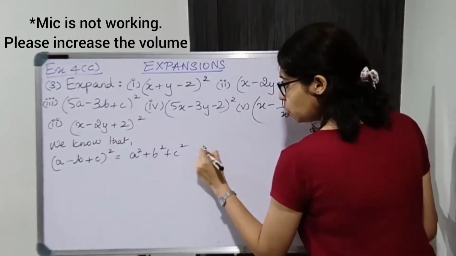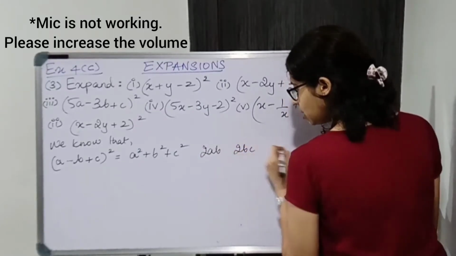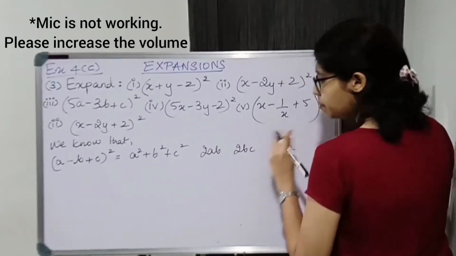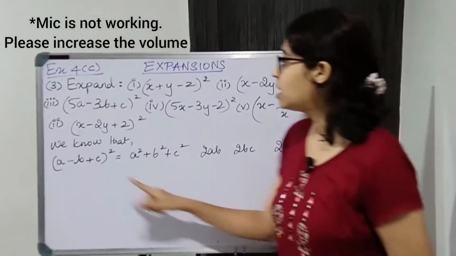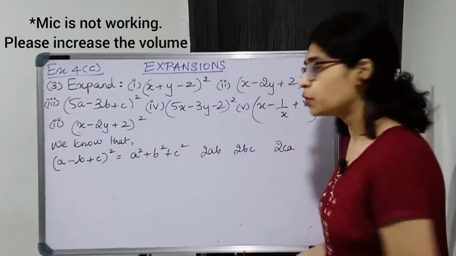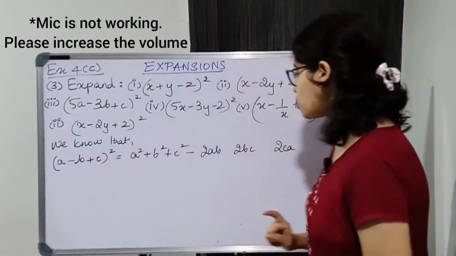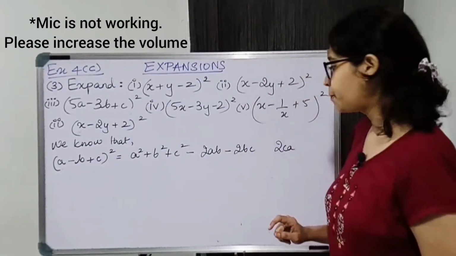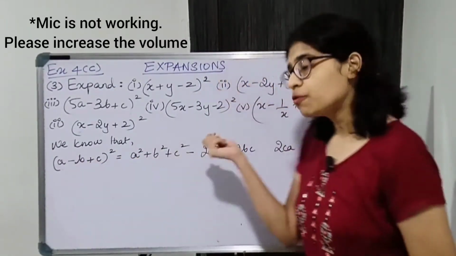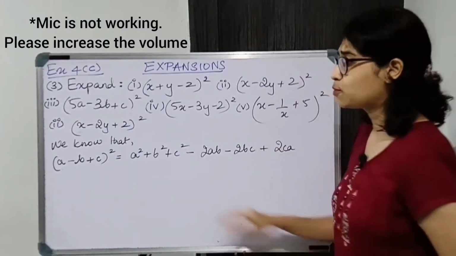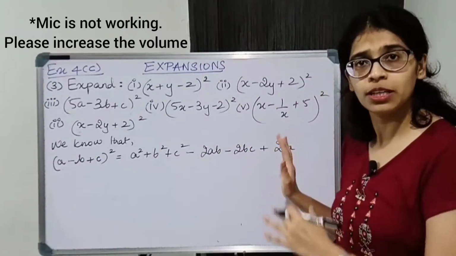Then 2AB, 2bc, 2ca. Simple. Now put the signs. A is positive, B is negative. Positive into negative, negative. B is negative, C is positive. Negative into positive, negative. C and A both are positive. Positive into positive, positive. So we got the identity formula मिल गया.